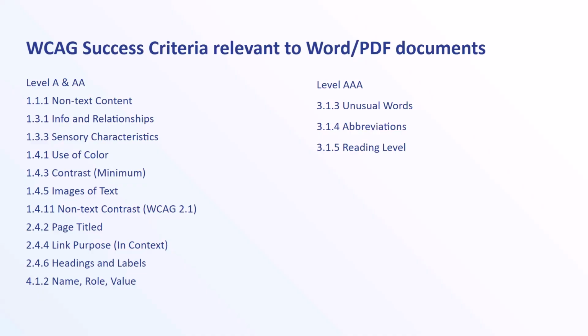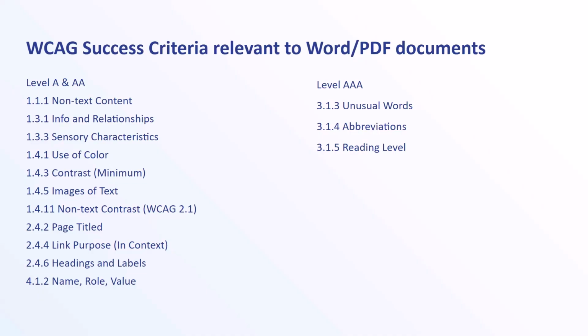Let's say a document needed you to understand something is above or below or to the left or the right, etc. That type of information is dependent on somebody's ability to use a specific sense, like sight, in order to orient themselves in the document. We want to provide a secondary method of sharing that information, just like we would when we use color to convey information, which we talked about. Heading would be an example of a secondary means.